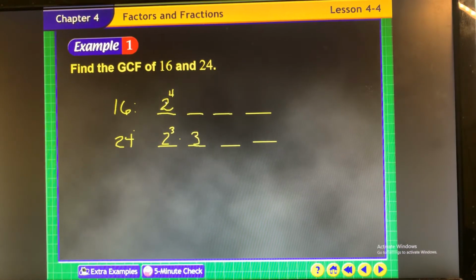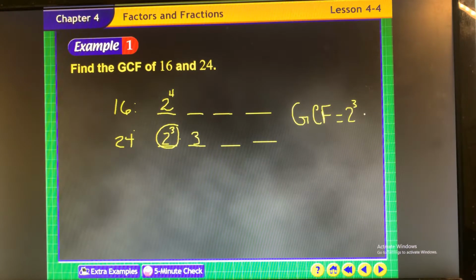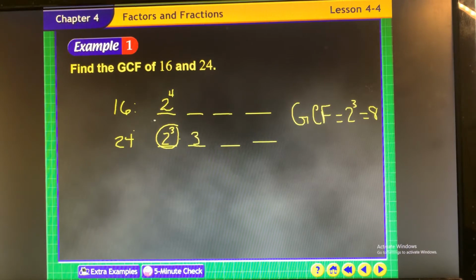So common base, lowest exponent, you circle it. Common base of 3? Nope, they don't have a common base of 3, so you don't circle anything. So your GCF is 2 cubed, which is equal to 8. That's your GCF. This is one way I prefer.